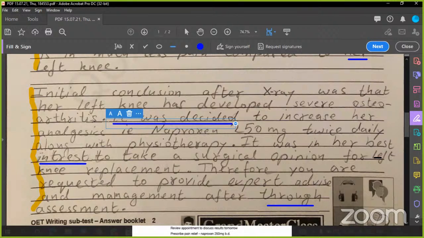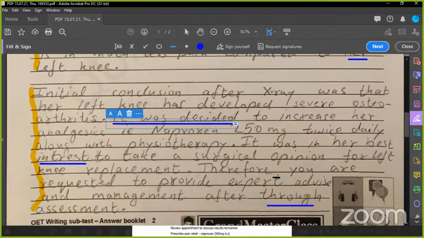Therefore, you are requested to provide expert advice based on the above circumstances, based on the above-mentioned conditions.